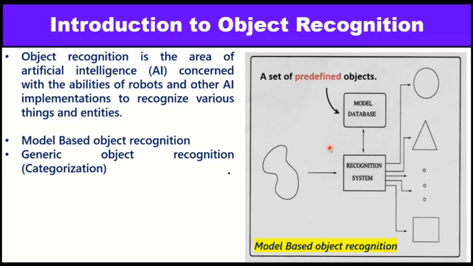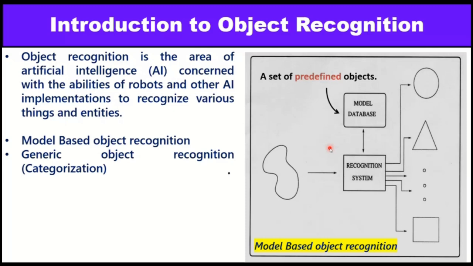Now, object recognition is an area of AI, robotic vision, and image processing. This process gives our robot the ability to recognize various things, the entities and objects around the robot environment.